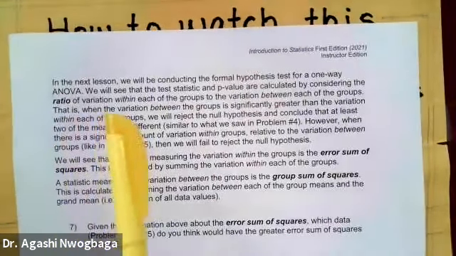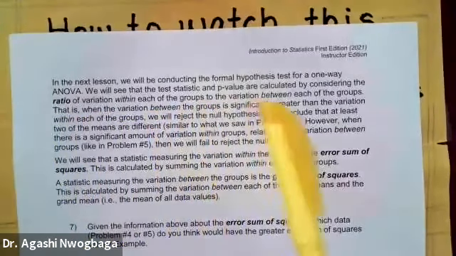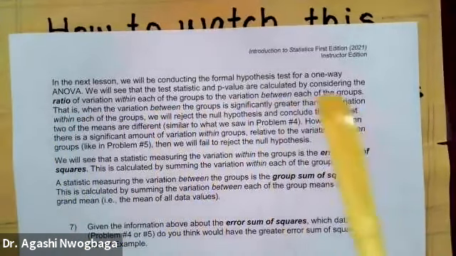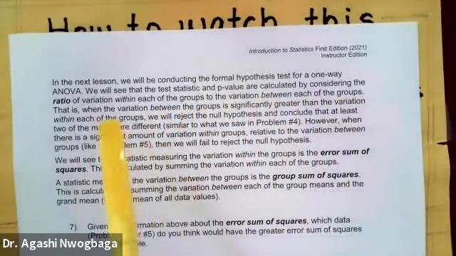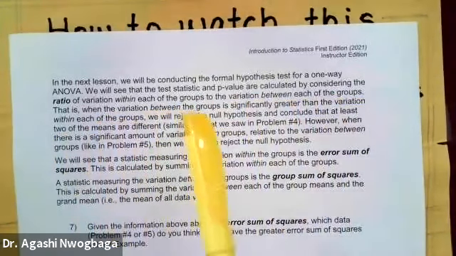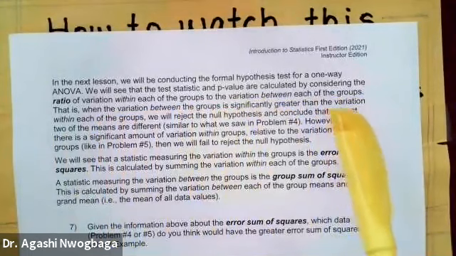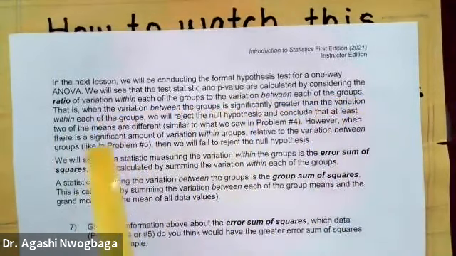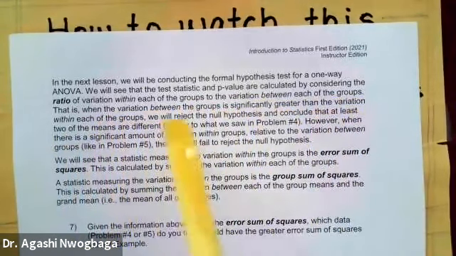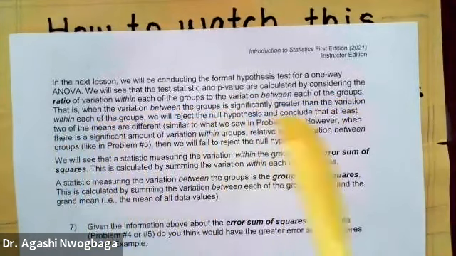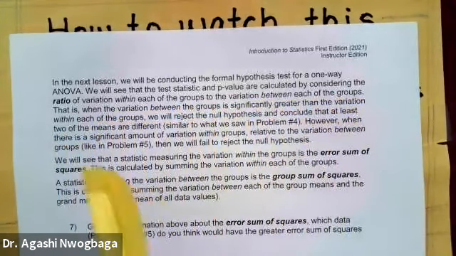In the next lesson, we will be conducting the formal hypothesis test for a one-way ANOVA. We will see that the test statistic and p-value are calculated by considering the ratio of variation within each of the groups to the variation between each of the groups.